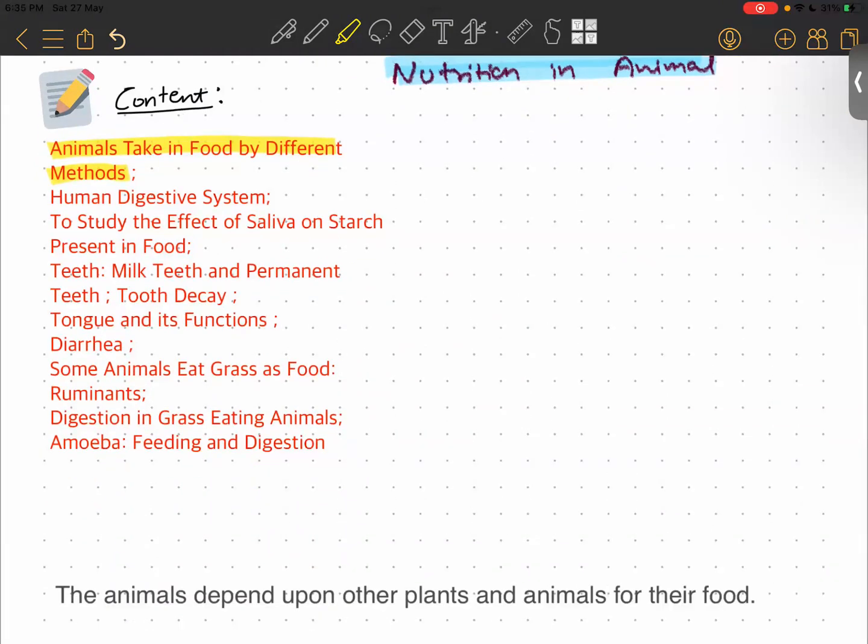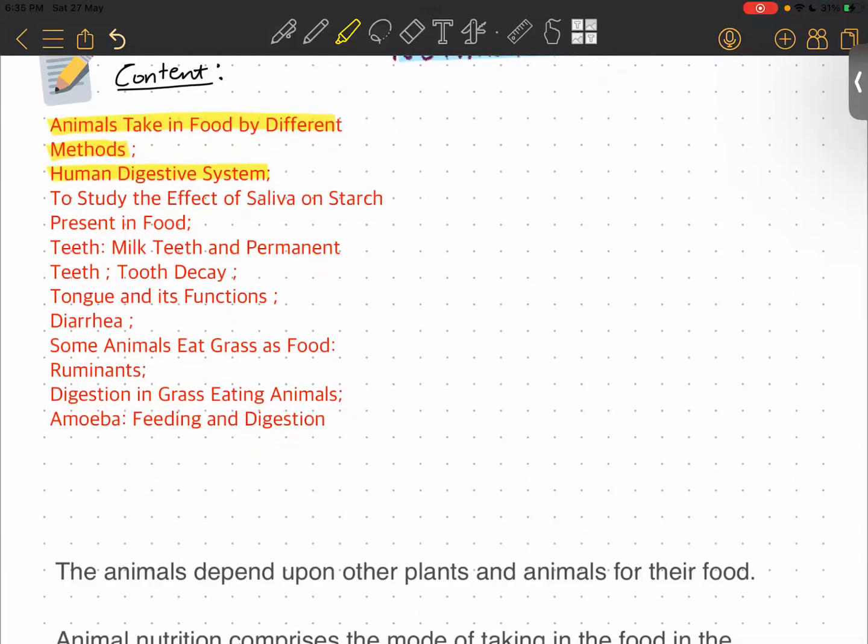Next, we will be talking about the human digestive system. Once a human takes the food, what are the processes that go on inside the human body with that food? We will also study the effect of saliva on starch present in food. In our previous class, we discussed that plants make carbohydrates.